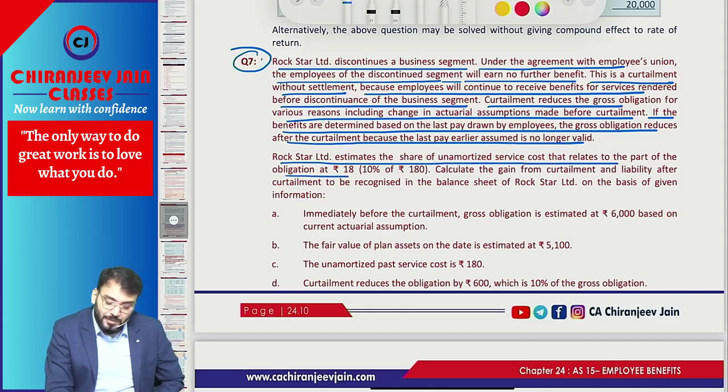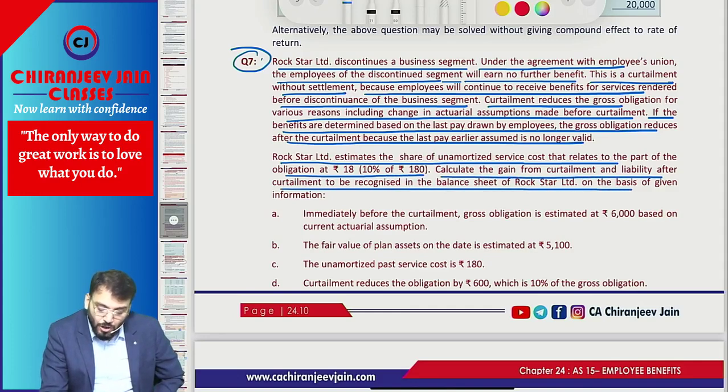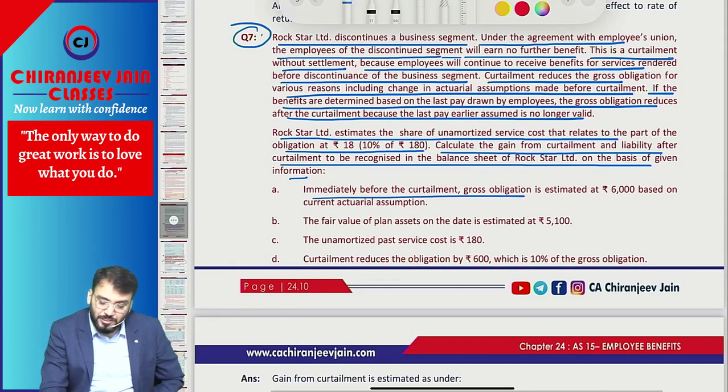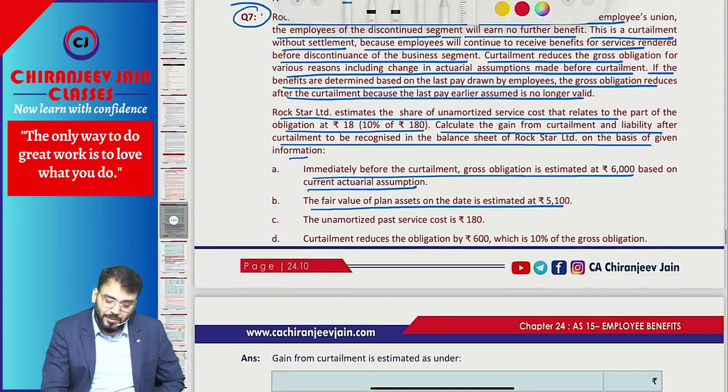Rockstar Limited's estimated share of unamortized service cost that relates to the part of obligation is 10% of 180. Calculate the gain from curtailment and liability after curtailment to be recognized in the balance sheet of Rockstar Limited on the basis of given information. Immediately before the curtailment, the gross obligation DBO is 6,000 based on the current actuarial assumption. The fair value of plan asset on the date is estimated at rupees 5,100.